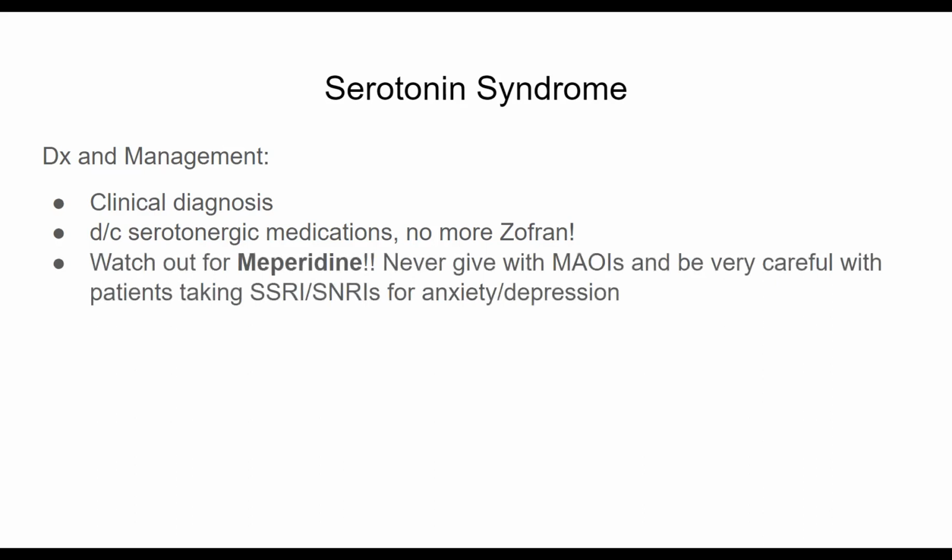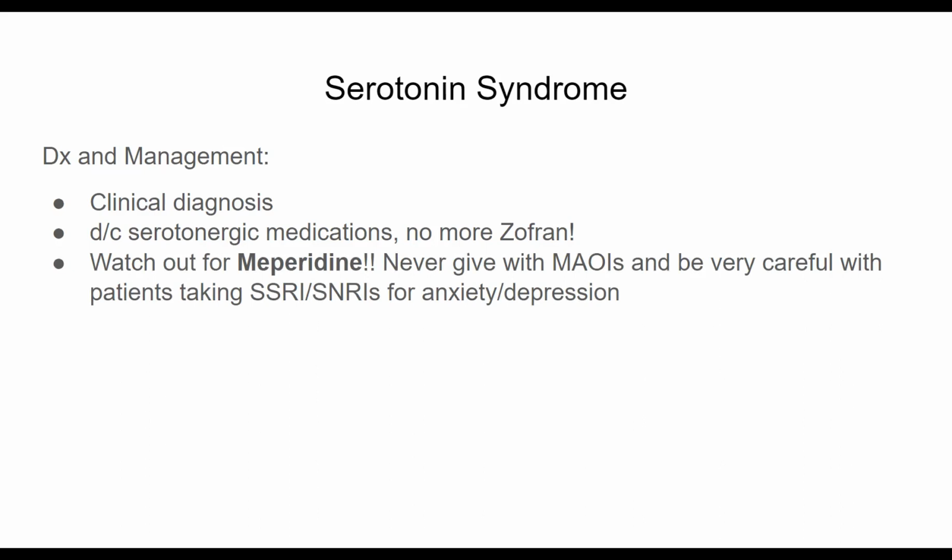And then this is where meperidine comes in. Meperidine has an effect on the serotonergic system in the brain. It doesn't work on the mu opioid receptor, it works on the kappa opioid receptor, but nevertheless, it causes increases in serotonergic levels.